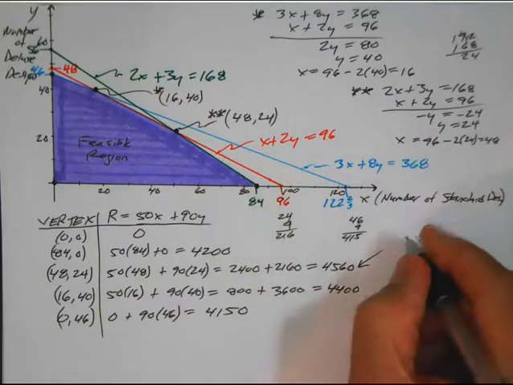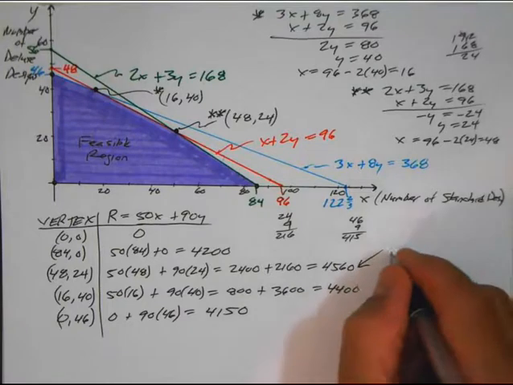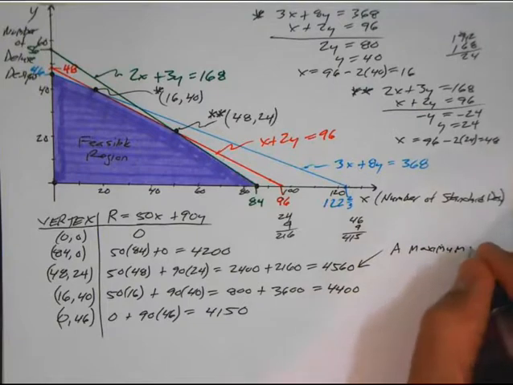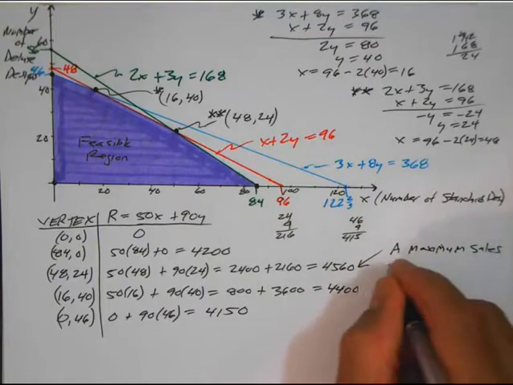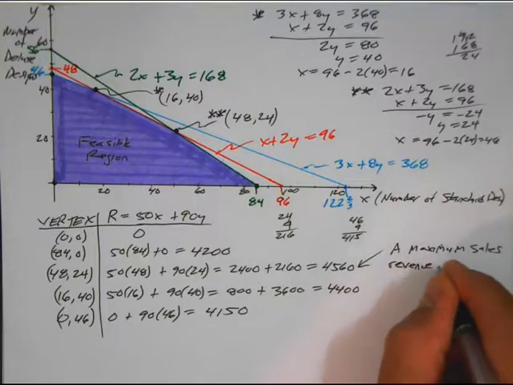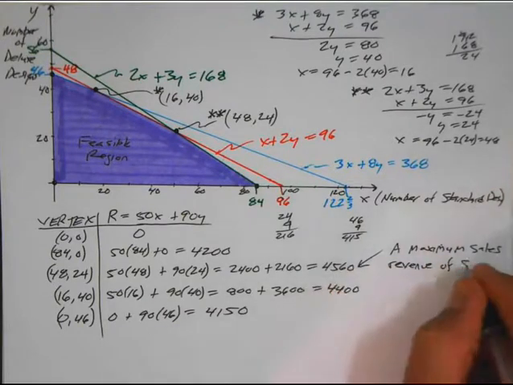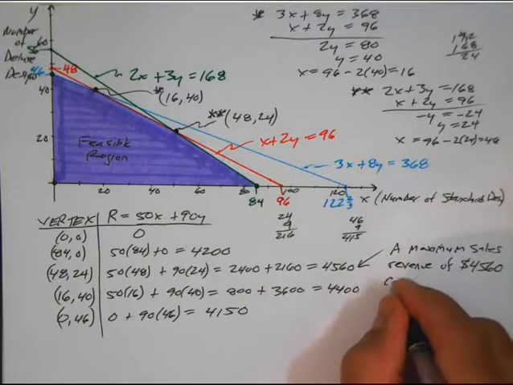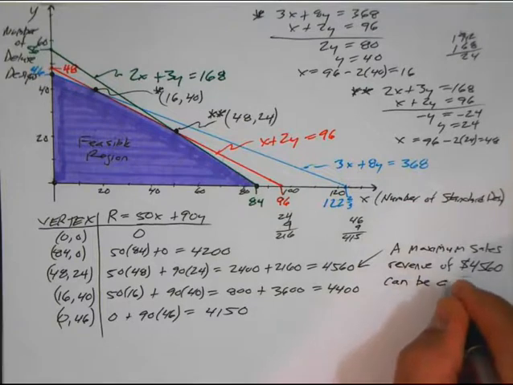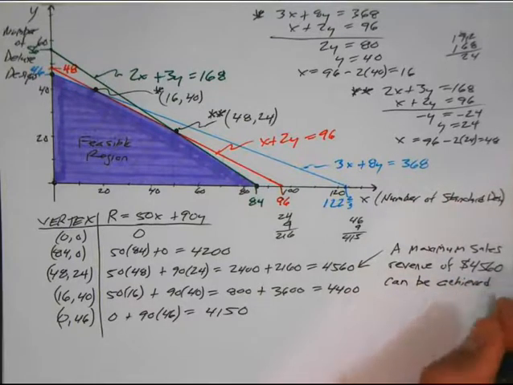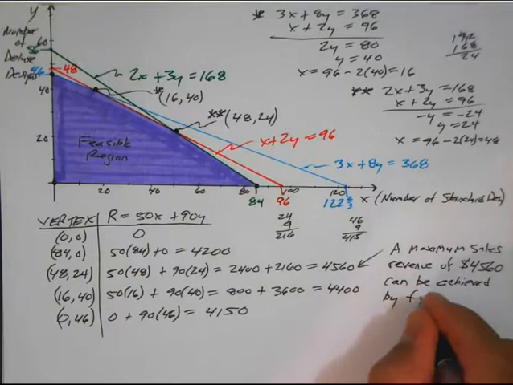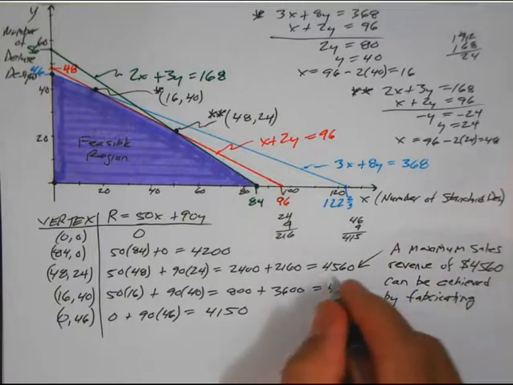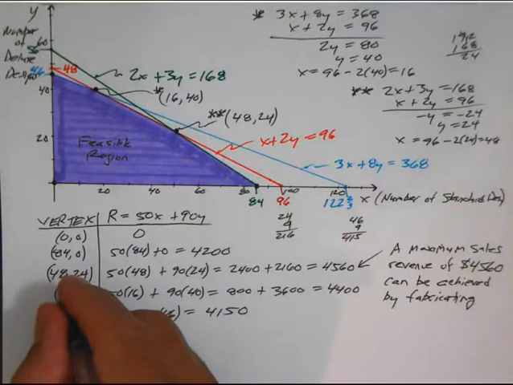What's this mean? A maximum sales revenue, this is in dollars, of 4,560 can be achieved by fabricating, okay, 48 for X. X was the number of standard design grills.